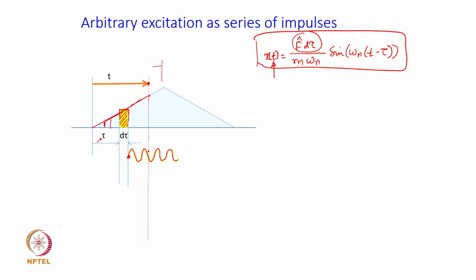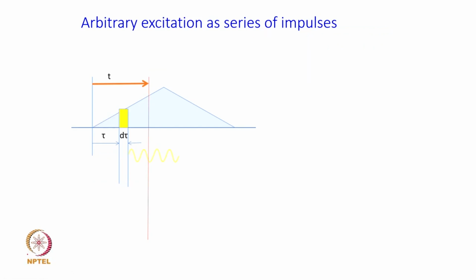This t is still a global t, that means I am still talking about this time. This tau is the position of this impulse where it is located. That is how the response will look if I consider this yellow colored part of the total excitation function.